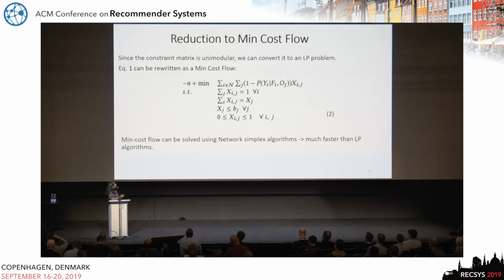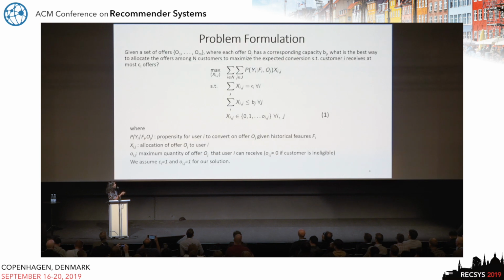Under this formulation, we can actually reduce this problem to a min cost flow. Just as a reminder, the constraints here are all integral, so this reduces to a linear programming problem.